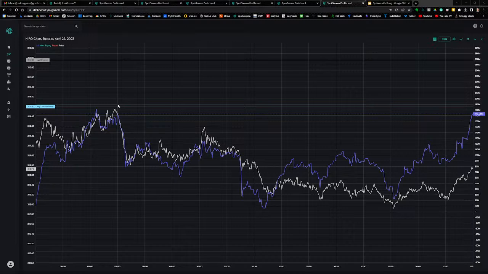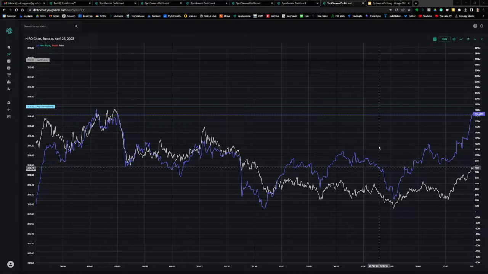Setting up shorts here at 9:45. That's just below the 315 key gamma strike, the resistance there. That's shown here. Then price continues to move with Hero up until about 10:30.